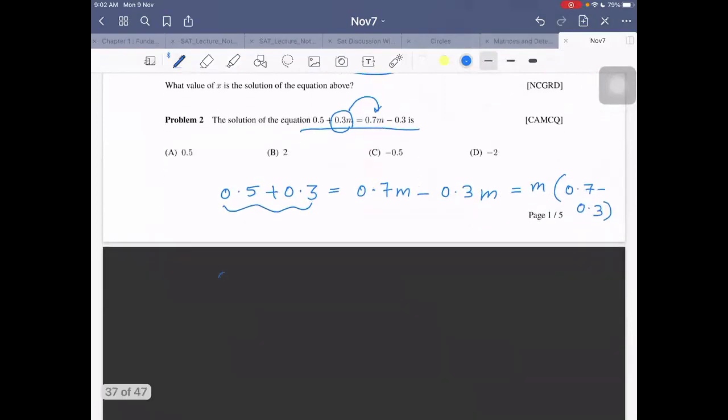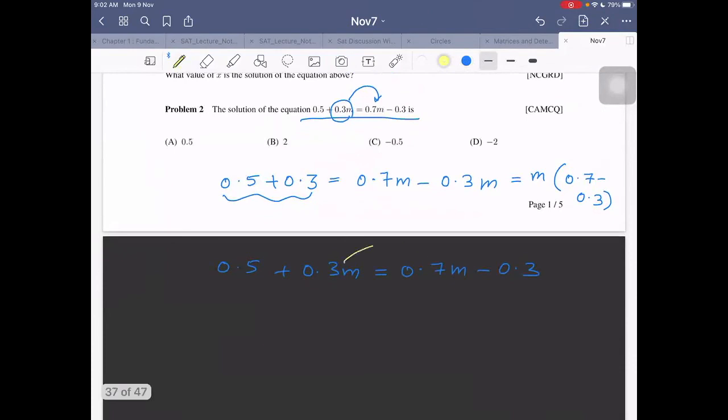Okay. See, we have 0.5 plus 0.3m is equal to 0.7m minus 0.3. See, what did I do? I just took this to the other side, this to the other side.